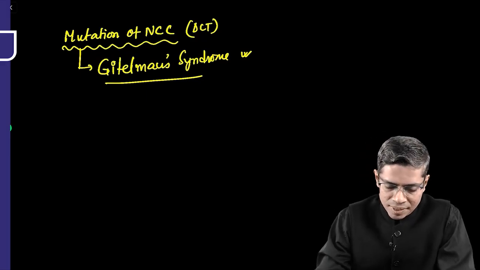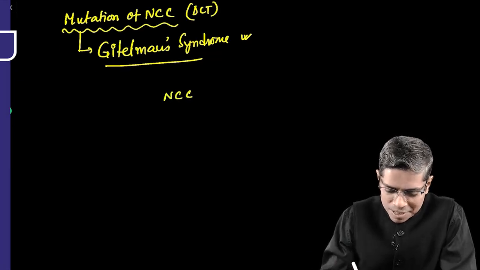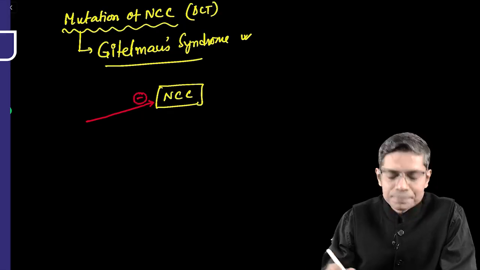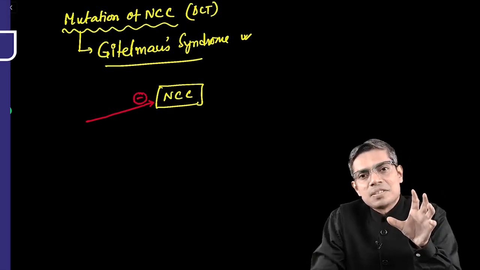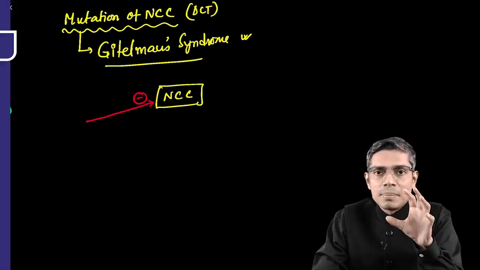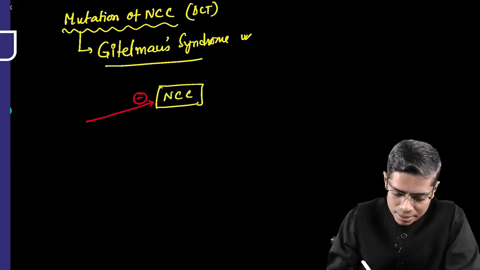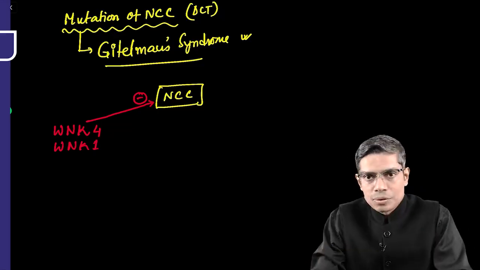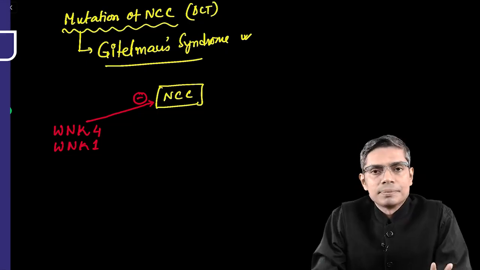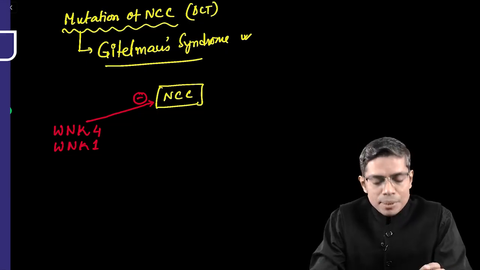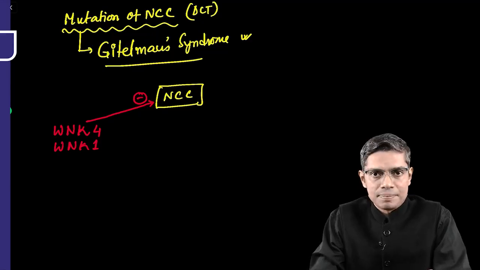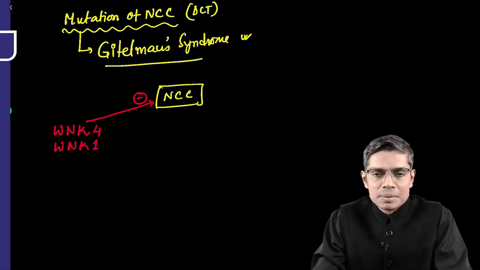Now this NCC, sodium chloride cotransporter, has a regulator: it is tonically inhibited, or negatively regulated, by WNK4 and WNK1, the WNK kinases. So WNK4 and WNK1 are negatively regulating the NCC, and this inhibition is tonic.